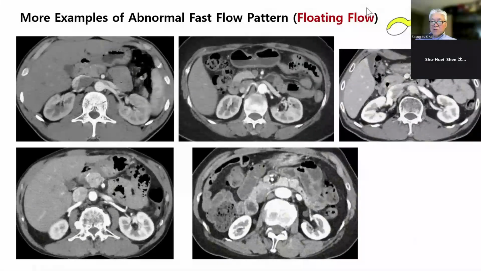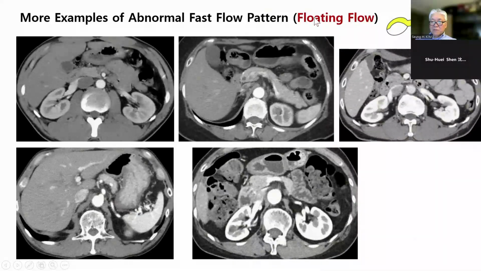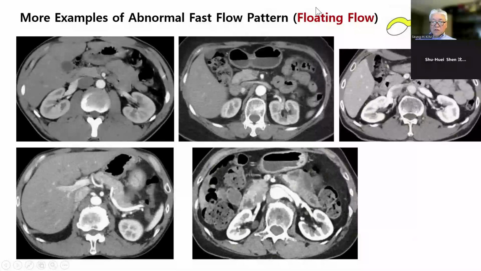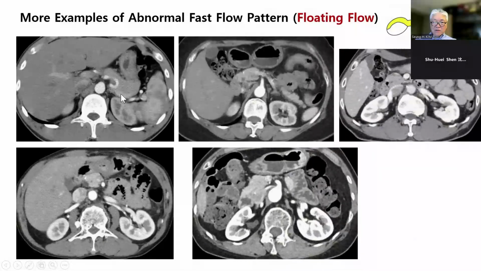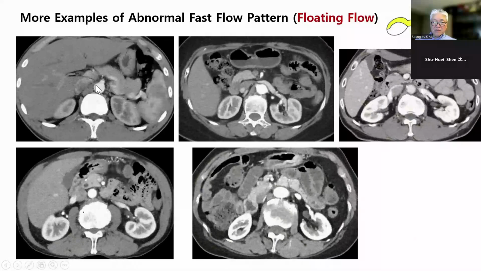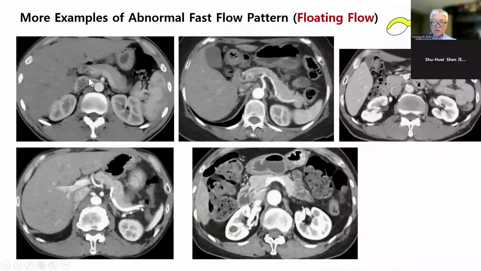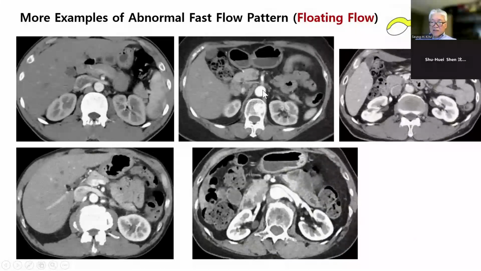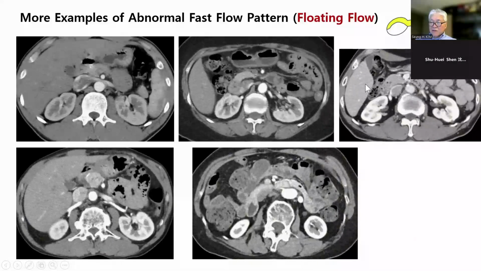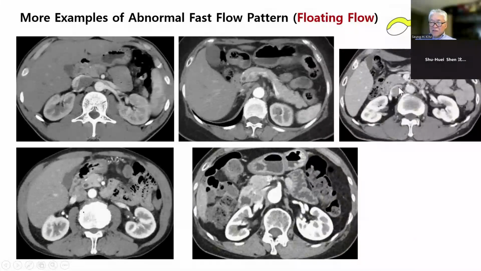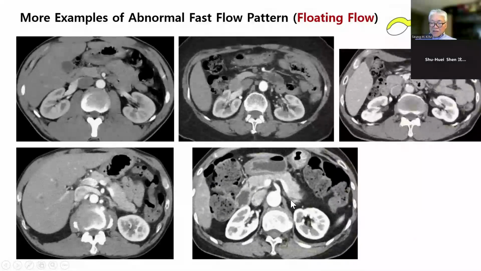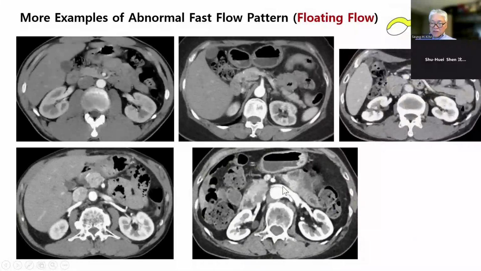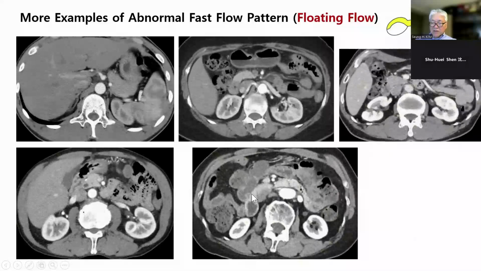These are more cases of the third pattern, the so-called floating pattern: movement of contrast opacified blood along the non-dependent anterior margin. In the first case, you can see that pattern. The second, third, fourth and fifth cases show the same flow pattern.